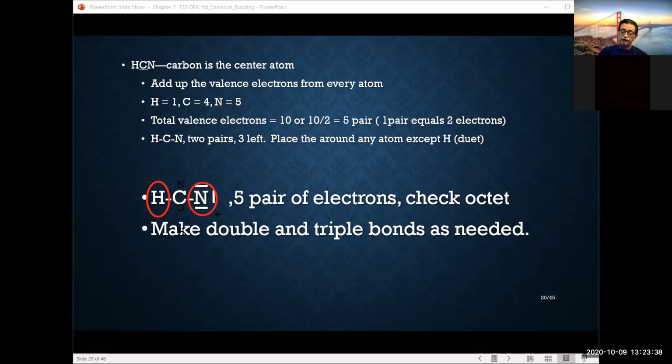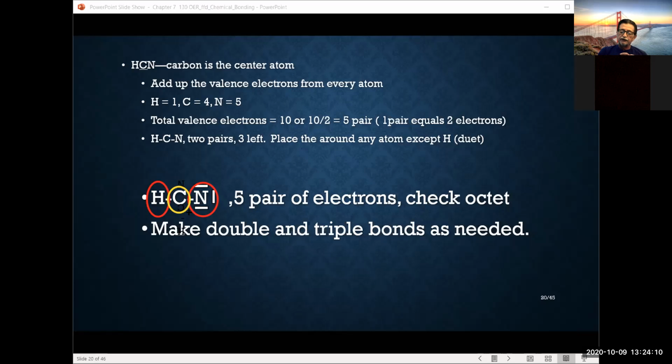Nitrogen, as written, has 8 electrons around it. 3 pairs are not bonded, and 1 is shared with the carbon, so nitrogen is happy with the octet. The only problem child is carbon, because it only has 2 pairs around it. It's missing 2 more because it needs the octet.